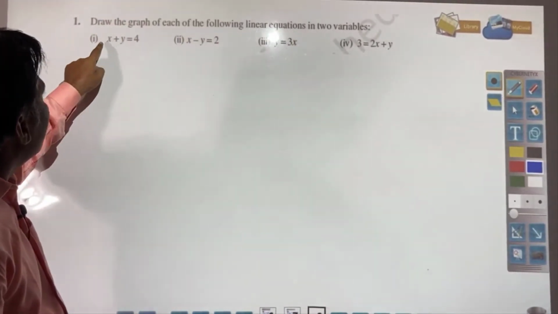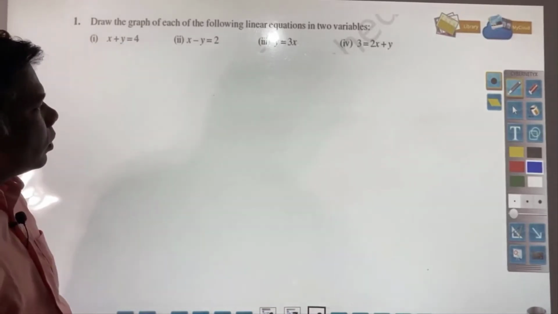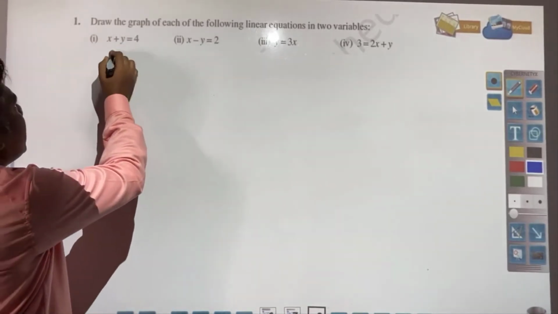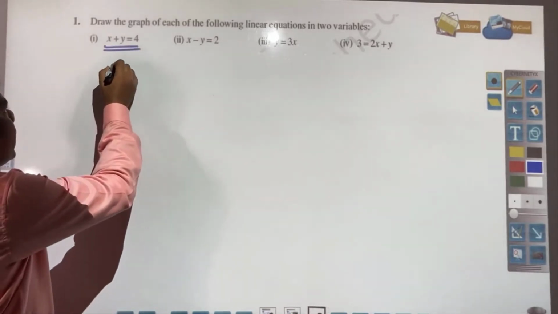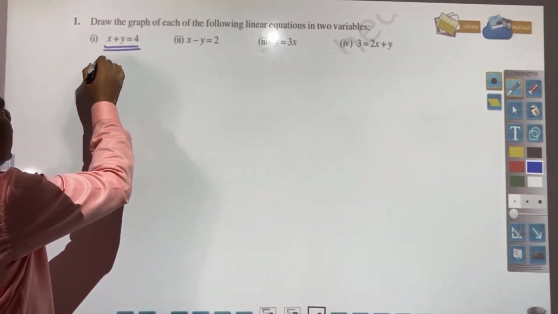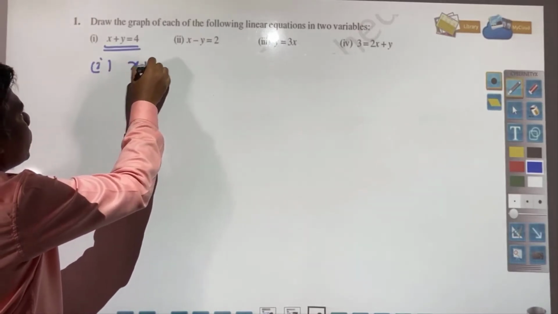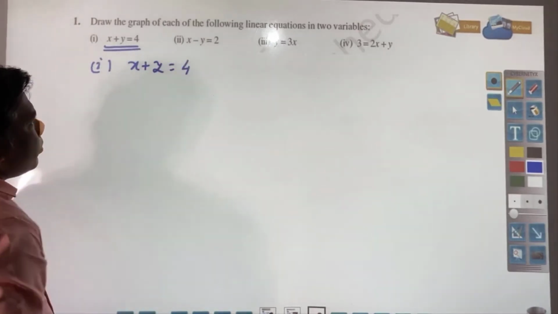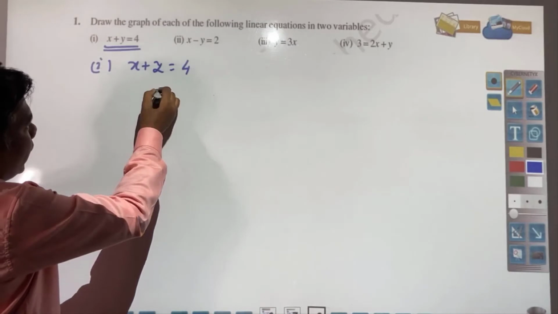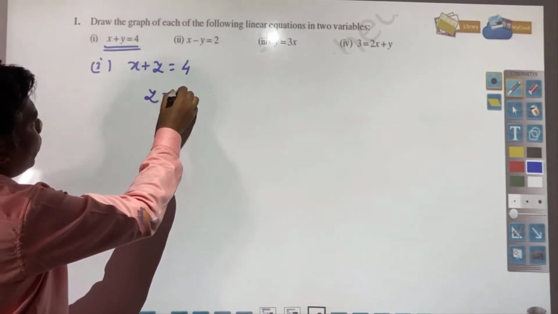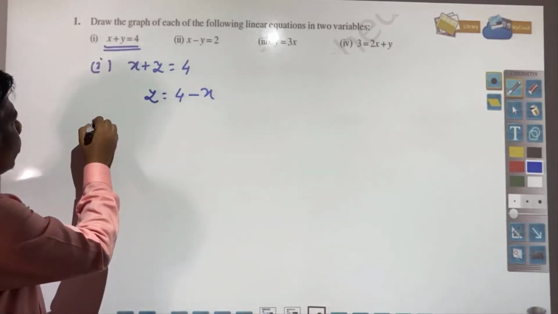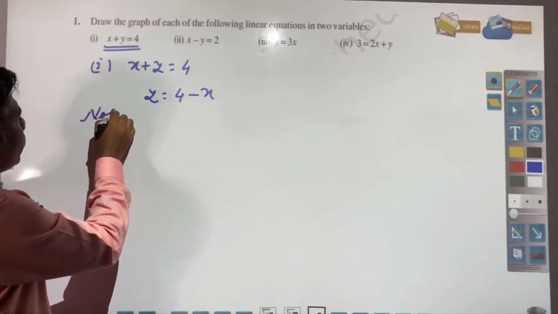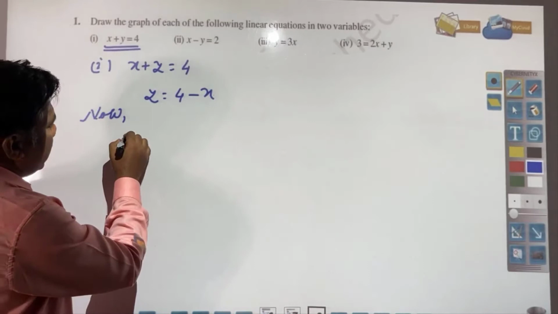Here you see, draw the graph of each of the following linear equations in two variables. First equation you have x plus y is equal to 4. What is to be done? First of all, you need to find out the coordinates, and for that what is required to be done? Suppose your equation is x plus y is equal to 4. Now you need to write down y is equal to 4 minus x. Now you need to assume by yourself.